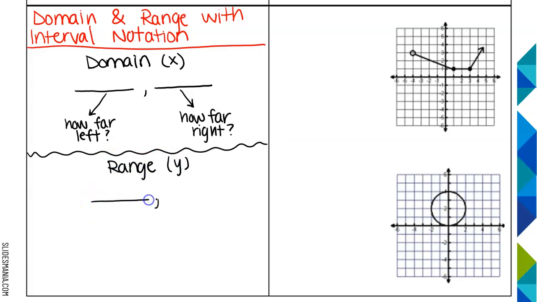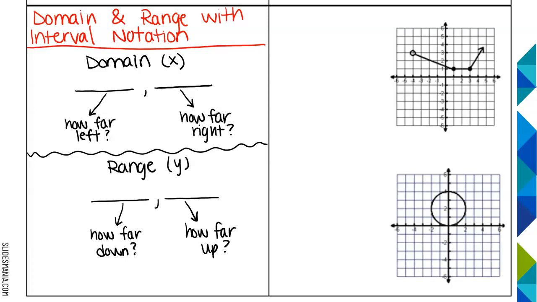So when you're writing your range in interval notation, the first one you have to think about, and this is sometimes backwards, is how low or how far down the graph can go, because down would be the smallest numbers or negative numbers. And then the second is how far up can our graph go. And again, you'll need those brackets and parentheses around it, but once you get those two values, that's a lot simpler.